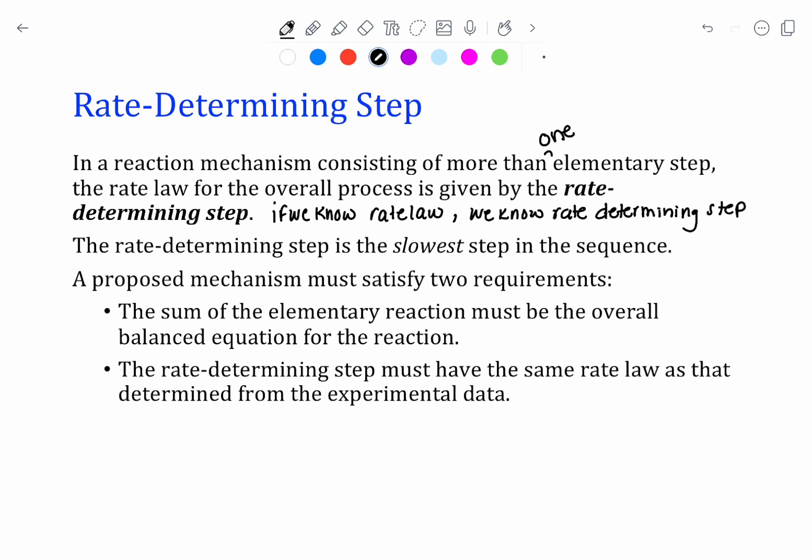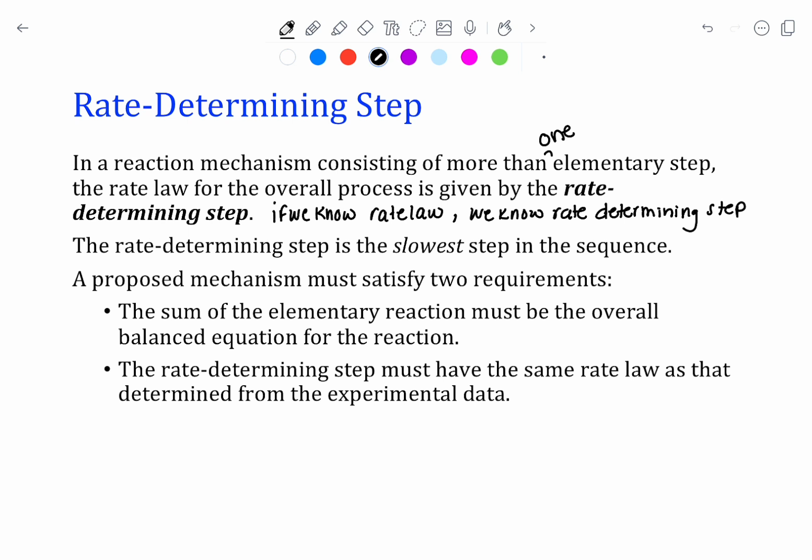That rate determining step is going to be the slowest one because it's determining the rate of the entire reaction. It's the one that bottlenecks the other reactions. Yes, you can have one that goes fast, but if that second step is dependent on the product of the first step, then the rate is going to be determined by the first step, and that's what's going to determine our rate law.